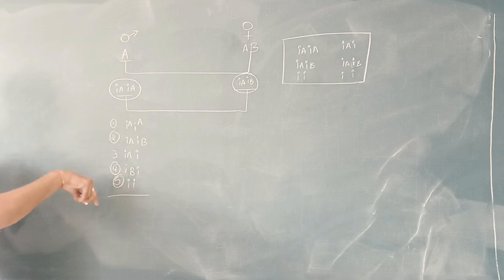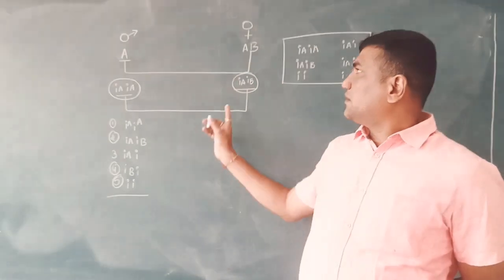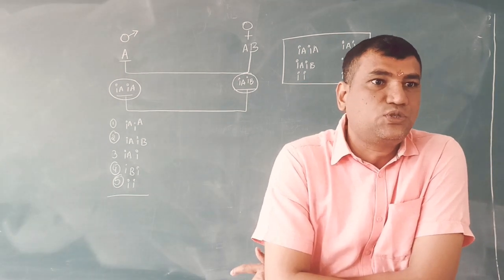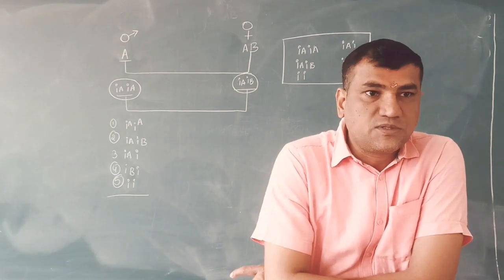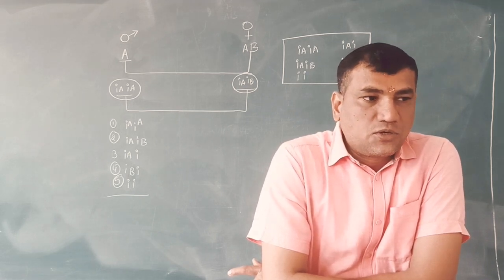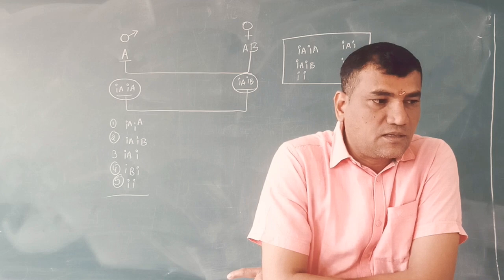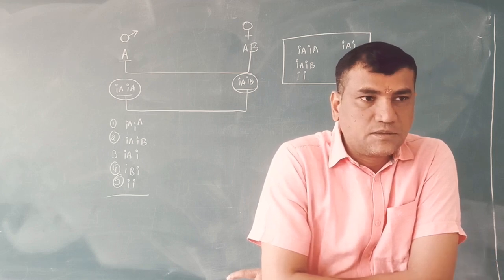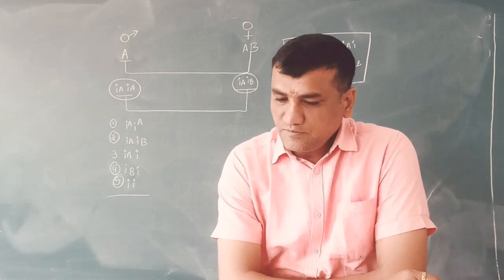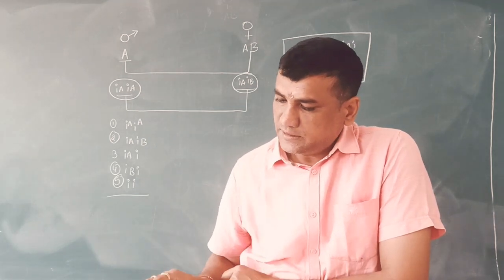So here who can be the heterozygous? A person may not be present, but it can be shown because of heterozygous condition. What can that be? Go to the multiple allelism table.